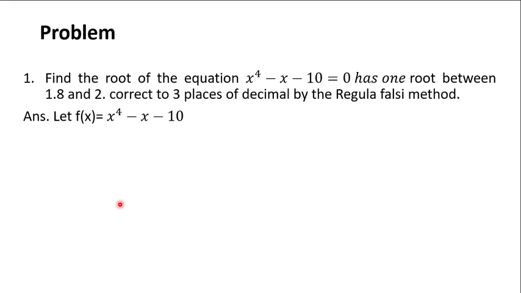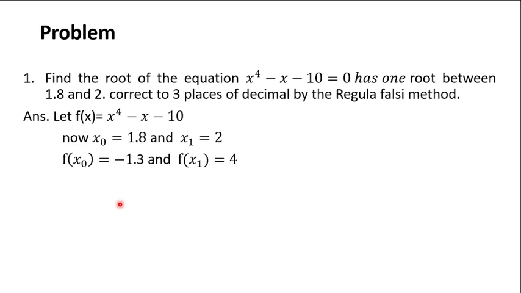Let us consider the given equation x^4 - x - 10 as f(x). Here 1.8 and 2 are the two endpoints. Here 1.8 is taken as x0 and 2 is taken as x1.